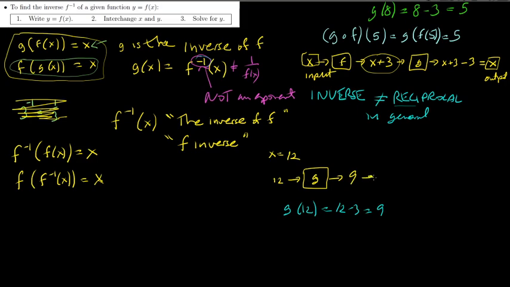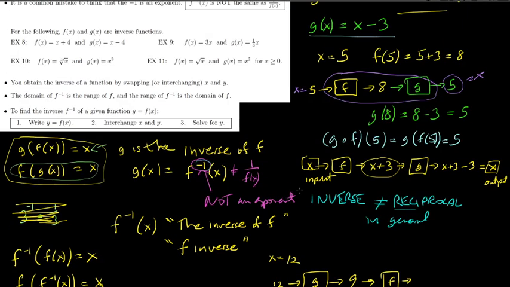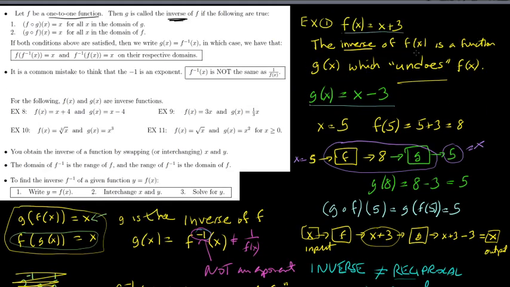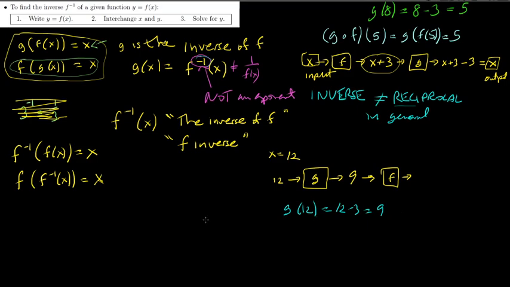Now let's take that 9 and plug it into the function f. So what does f do to x? It's way up here. It's x plus 3. So remember, f of x is just x plus 3. In this case, my x is the number 9. So what does f do to 9? It adds 3.